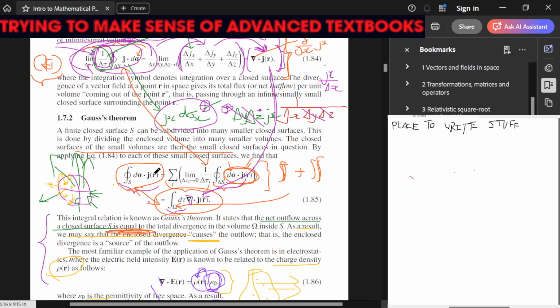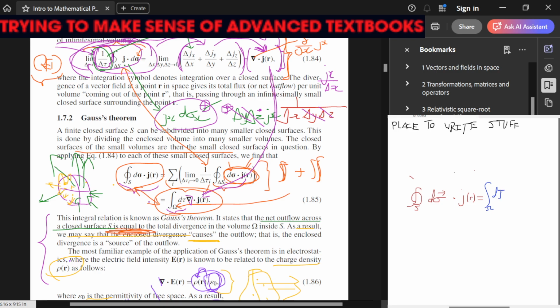Closed surface, JR, d sigma. Closed surface, d differential, JR equals volume d tau, divergence of JR. Volume d tau.